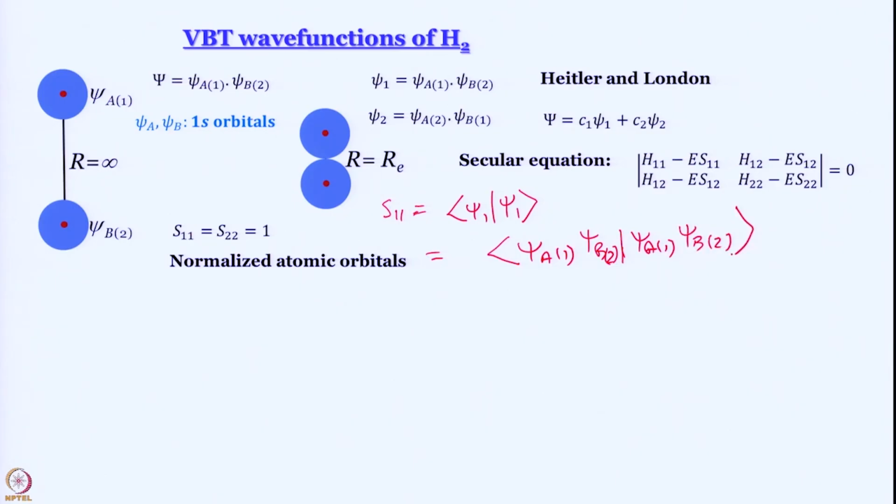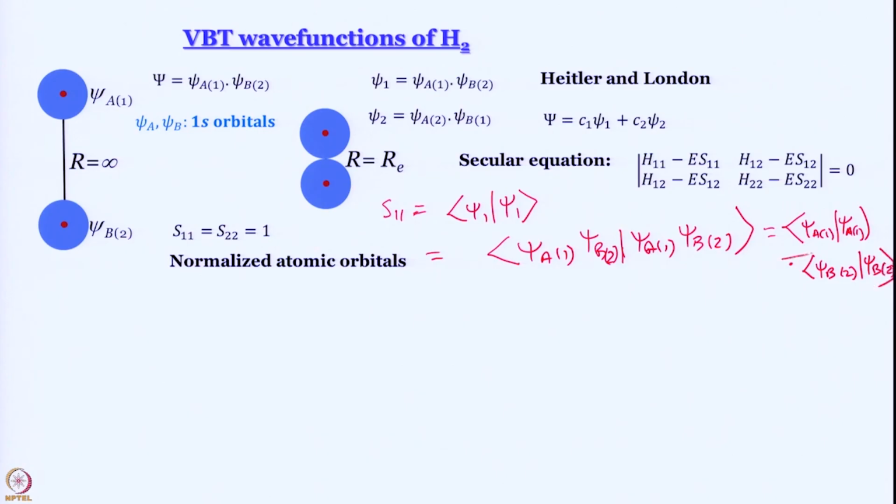Now, I hope with all our previous discussions of atoms, it is not very difficult for us to see that this is really a double integral, one in coordinates of electron number 1, one in terms of coordinates of electron number 2, and I can write it conveniently as a product of two single integrals, one in terms of 1, one in terms of 2. So, I get psi a1 multiplied by psi b2 psi b2, very simple.